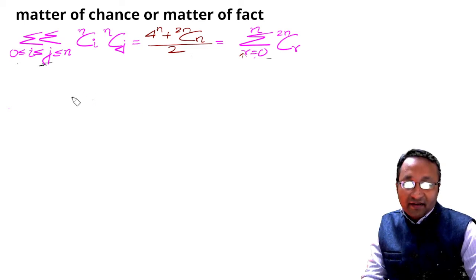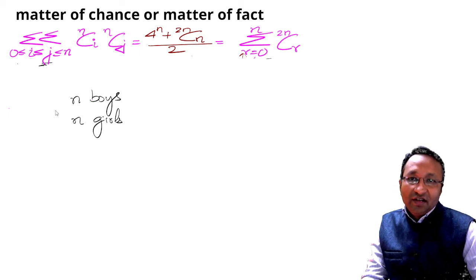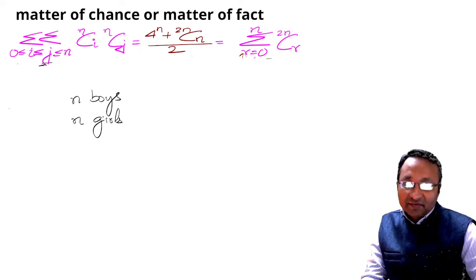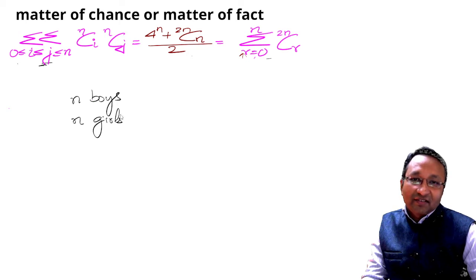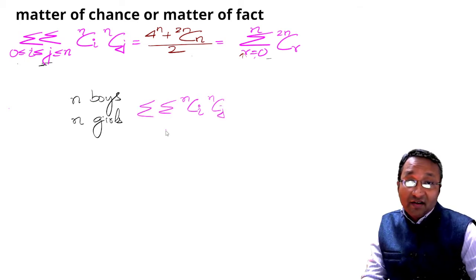So now let us assume there is a school which has n boys and n girls, equal number of boys and girls, and somebody asks me to select a certain number of boys, say I, and a certain number of girls, say J, subject to the condition that the number of boys is always less than or equal to the number of girls.